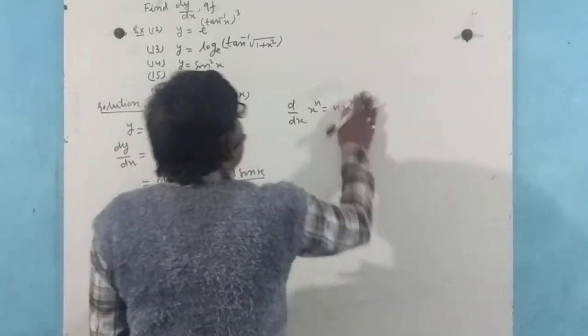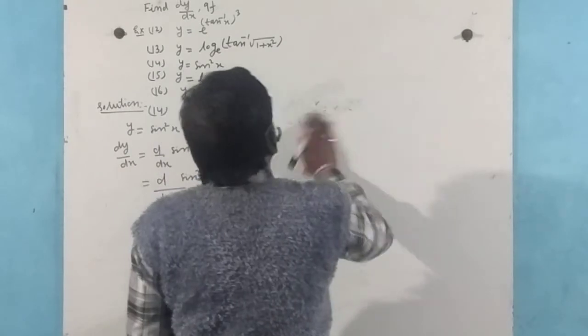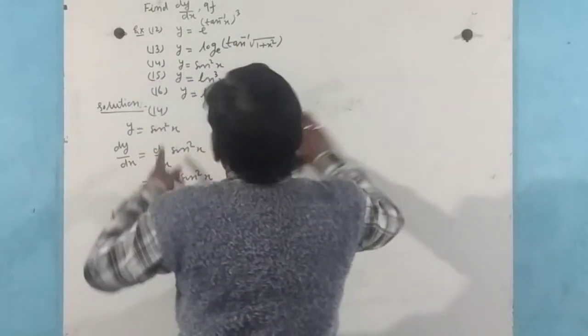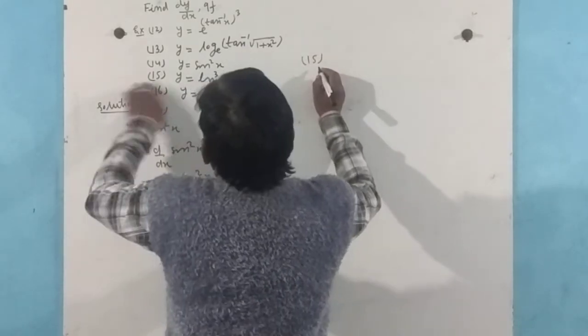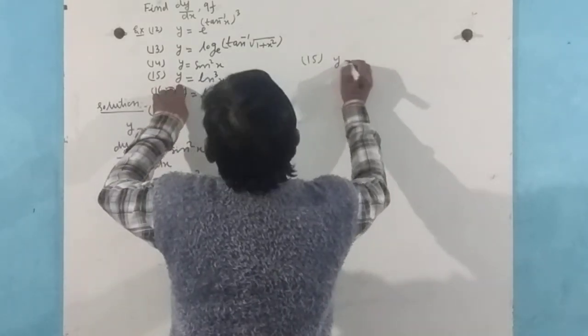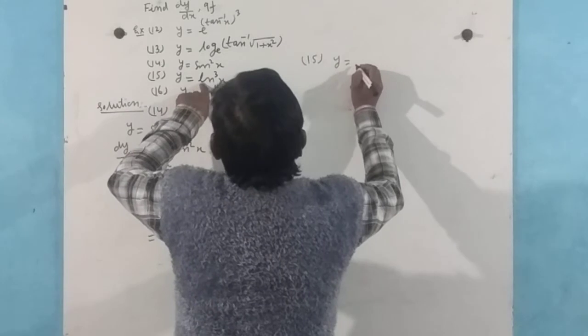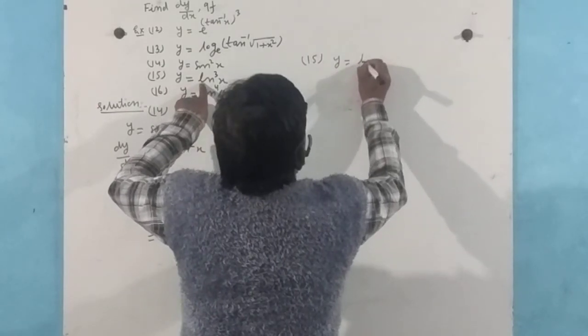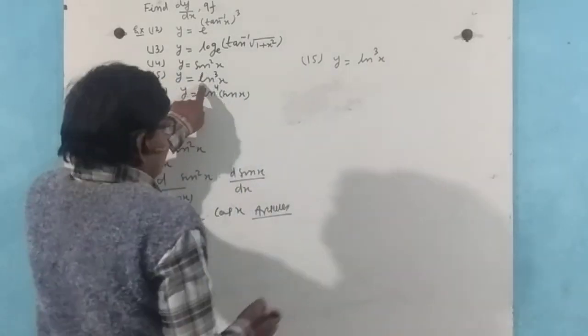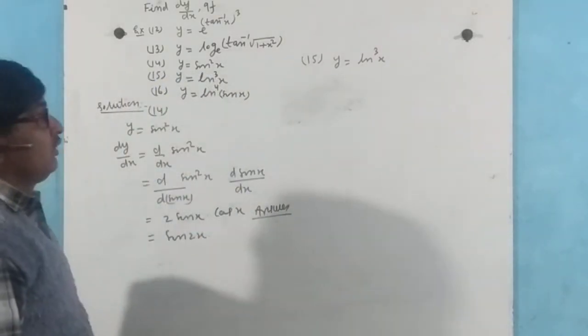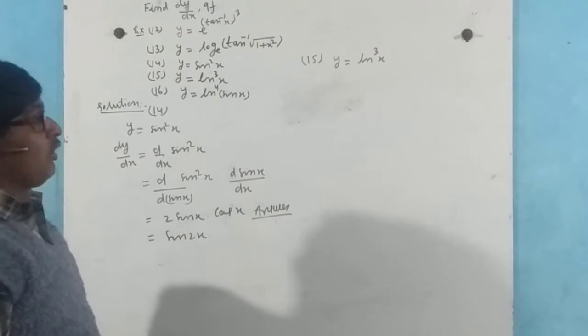Now, question number 15. Here, y equal to ln x to the power 3, that is, ln means log x to the power 3.